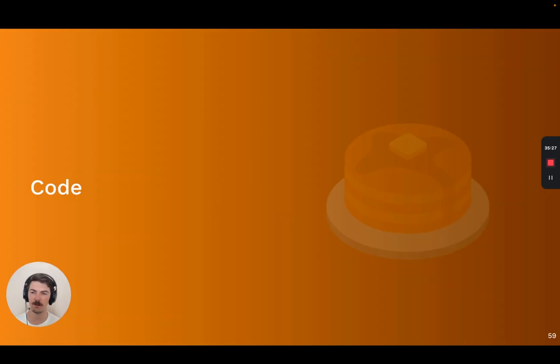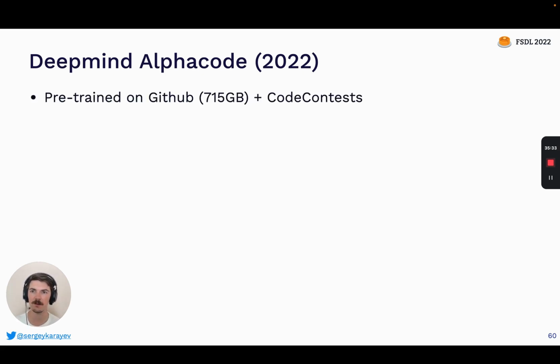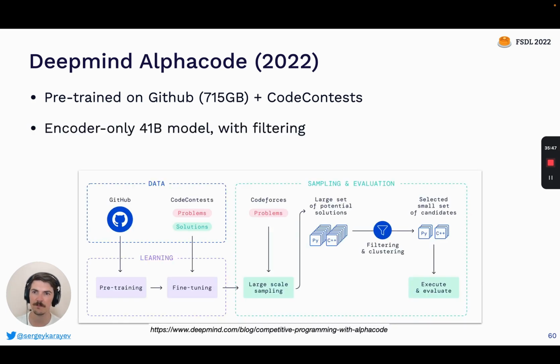So one notable application is code generation. DeepMind AlphaCode came out with some results this year that were quite impressive. What they did is they took a transformer model, pre-trained it on all the code they could find on GitHub, plus their own data set of programming contest tasks and solutions.